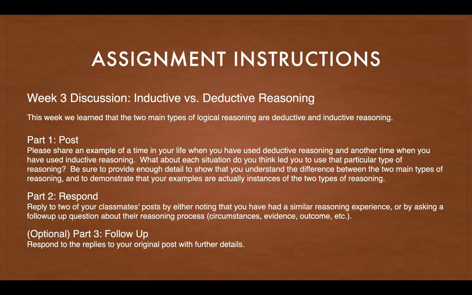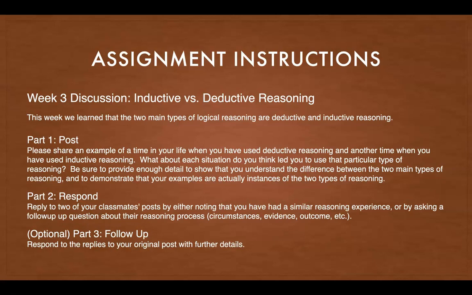Part 2, respond to your peers. So reply to 2 of your classmates' posts by either noting that you have had a similar reasoning experience or by asking a follow-up question about their reasoning process. Circumstances, evidence, outcome. Okay. So again, I just want to verify the post.